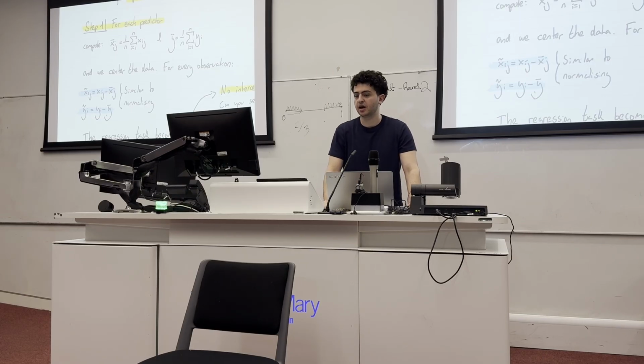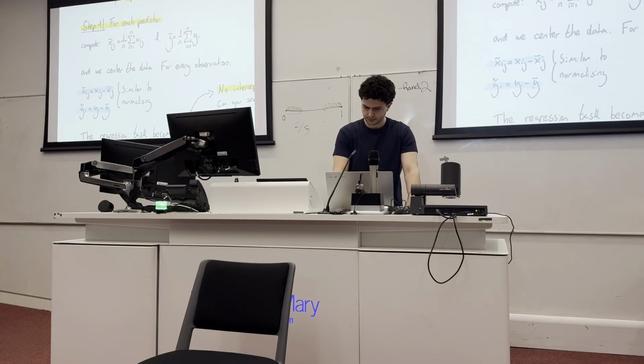We take the mean number of rooms, which maybe is 4.2, and subtract it from each and every observation. We do the same for the target: we observe all the prices, and we subtract the mean from these prices.